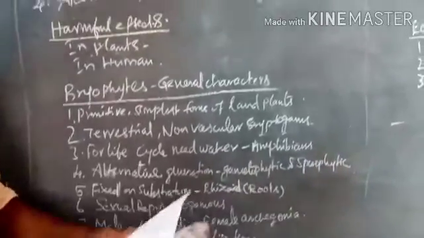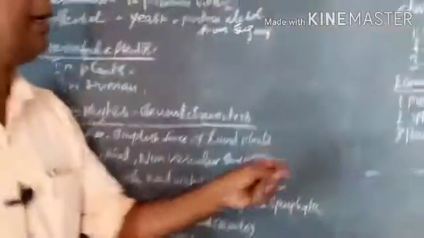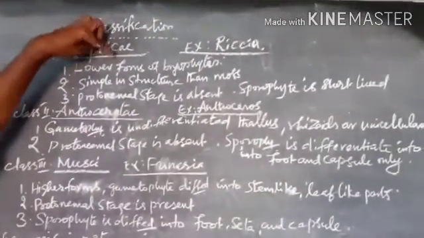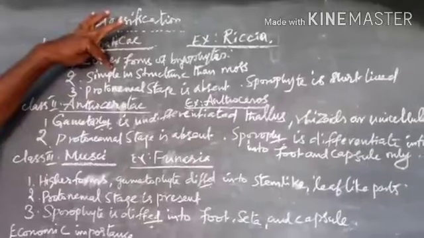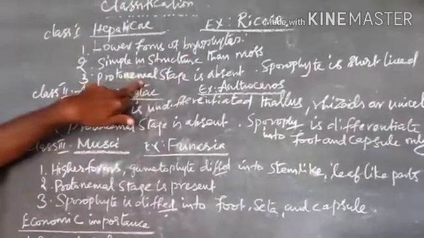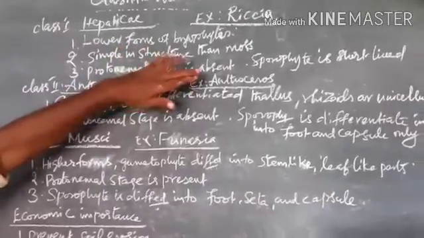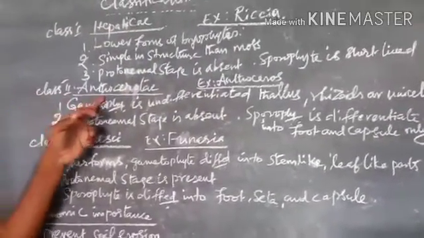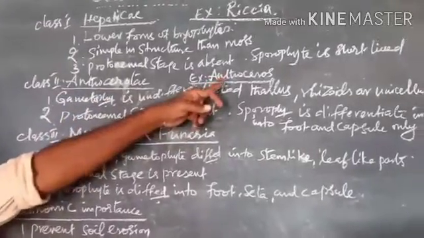Understand? Then it is further classified. Class 1, Hepaticae, example Riccia. They are lower forms of bryophytes, simpler in structure than mosses. The protonema stage is absent. The sporophyte is short-lived. Class 2, Anthocerotae, example Anthoceros.